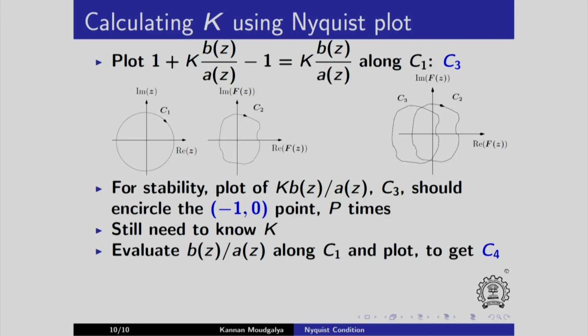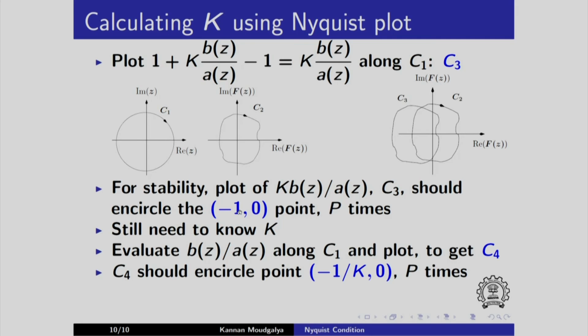We will call the resulting curve as C4. So we should divide this point, minus 1 comma 0 point, also by k. So for stability, C4 should encircle this point p times, and what is p? Remember that p is the number of open loop unstable poles.